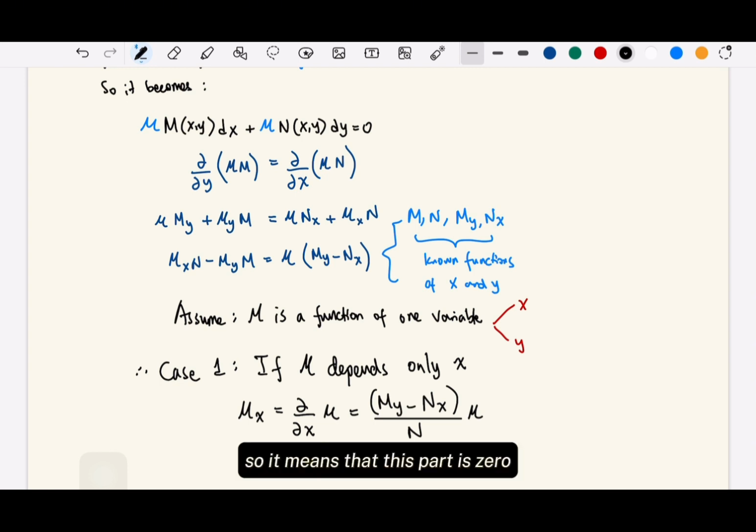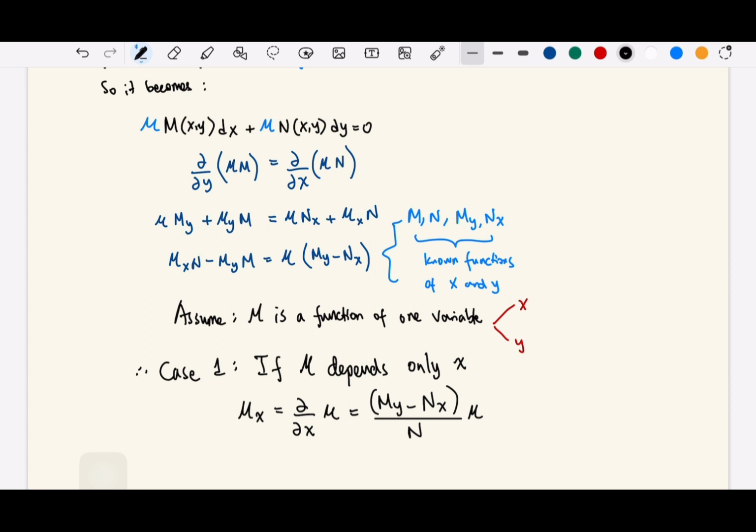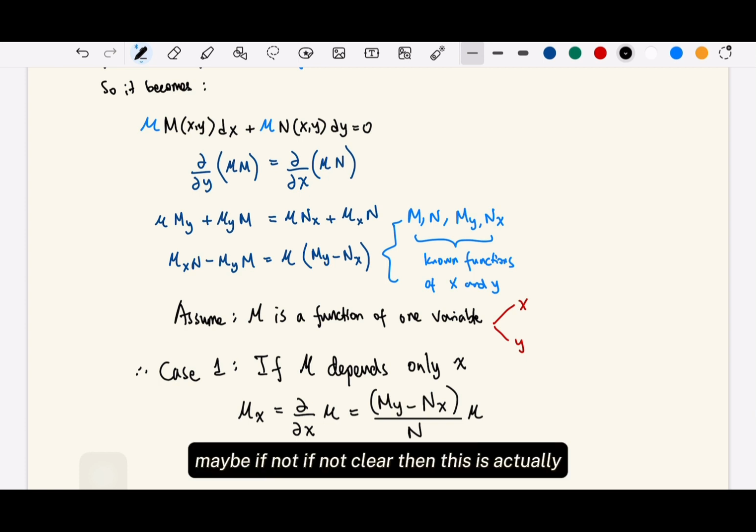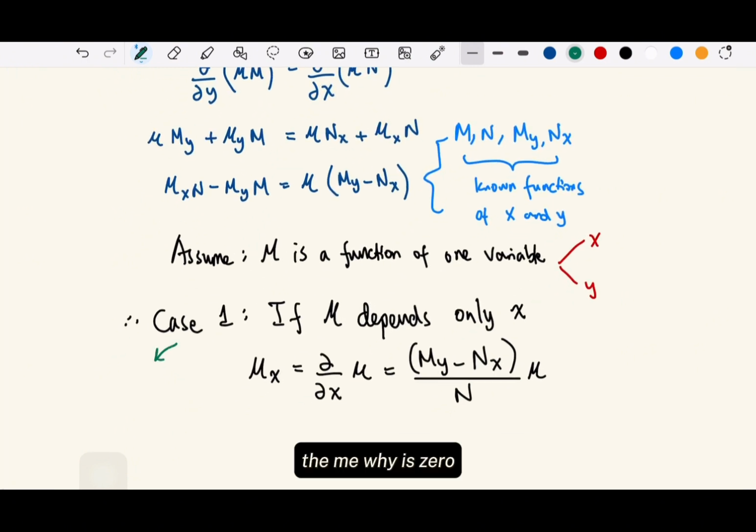So it means that this part is 0, right? Because we take the partial for this part. Or maybe let me write, if not clear, then mu y is actually 0.